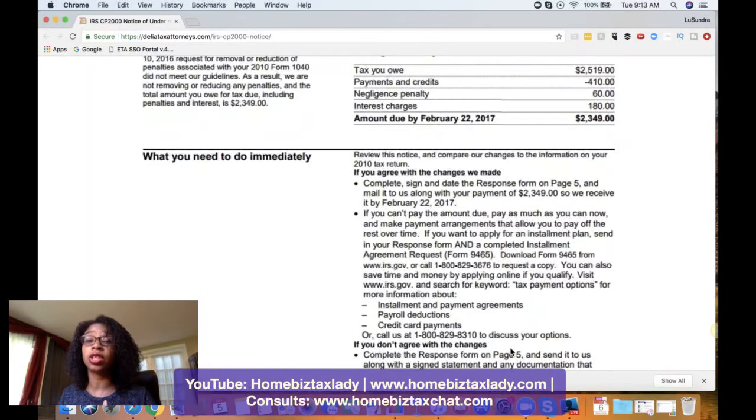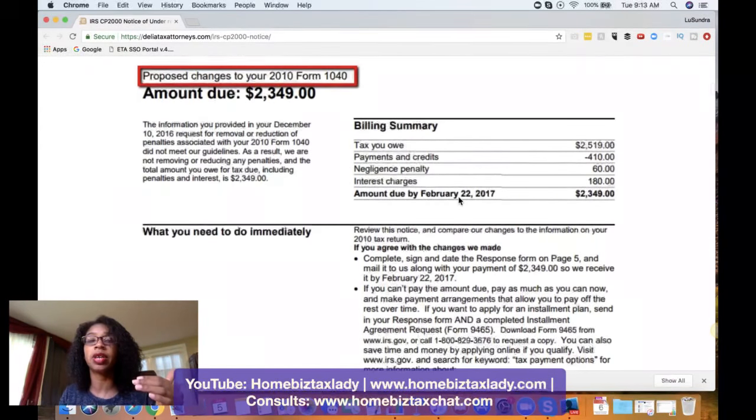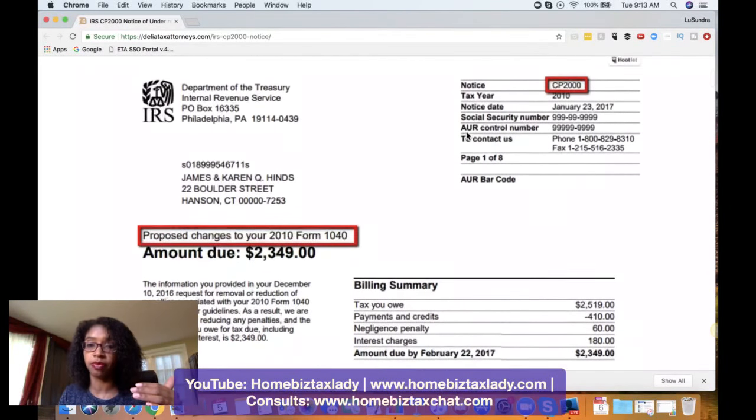Then when you're getting the 3219, the 90-day letter, that's the IRS saying, look, we already told you one time that you owe us some money. There's a difference. Okay. We didn't hear from you. So now here is the 90-day letter and we're not playing. All right. But the 90-day letter will follow a similar format. It's going to have the same thing. It's going to have the notice. All of this up here is going to look the same.